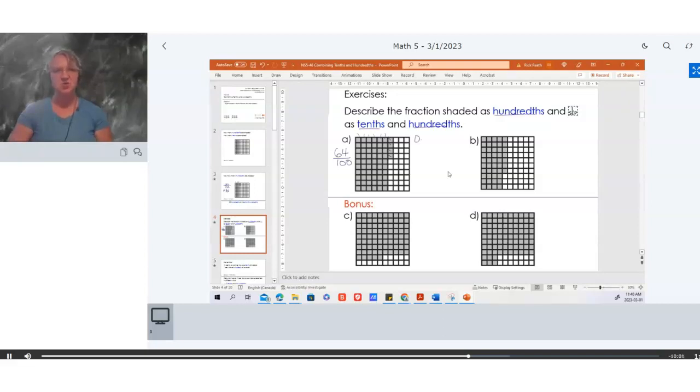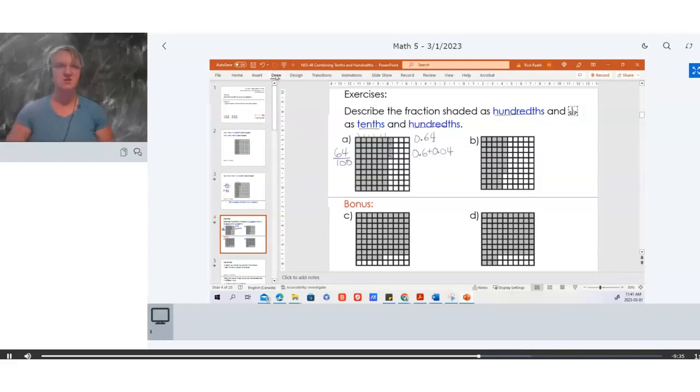So as a decimal, we would write 0 and 64 hundredths, making sure that that last digit ends up in the hundredth spot. Or we could write it as 0 and 6/10 plus 0 and 4 hundredths.